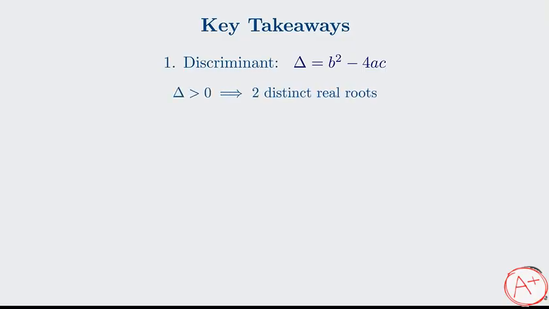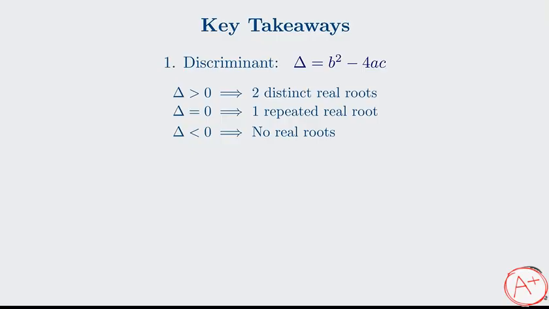To wrap up our lesson, let's summarize the essential points for your revision. First, the discriminant, delta = b² − 4ac, is the part of the quadratic formula that determines the nature of the roots. Second, the value of delta tells you the number of real roots. Delta greater than 0 means 2 distinct roots, delta equals 0 means 1 repeated root, and delta less than 0 means no real roots.